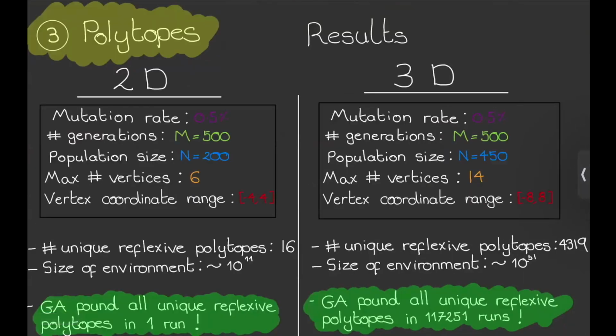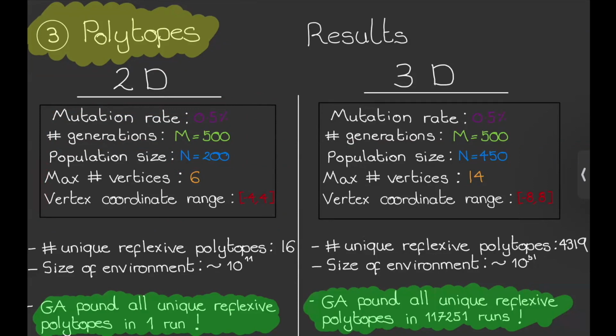Obviously it makes sense to start in the easiest case and work our way up. So we started in 2 dimensions, where we have 16 unique reflexive polytopes. In the box are just the parameters we set. The mutation rate and the number of generations always stay the same for all our investigations, and then we tune the population size, the maximum number of vertices, and the vertex coordinate range.